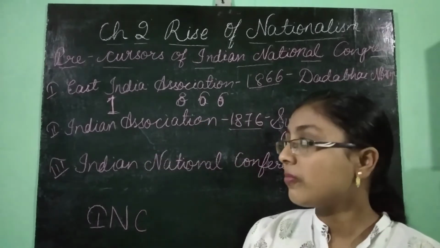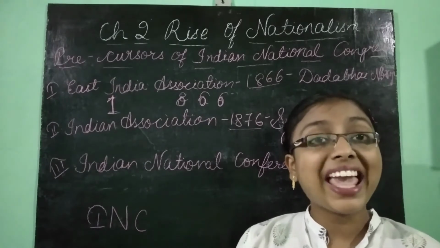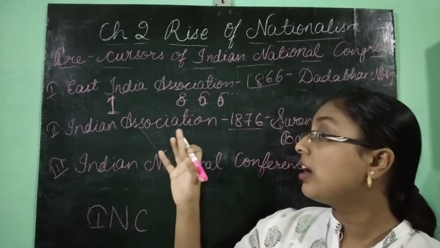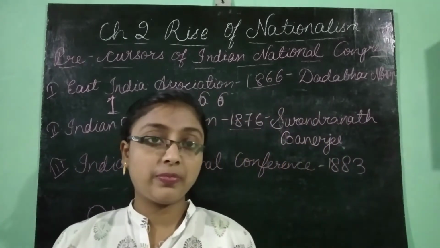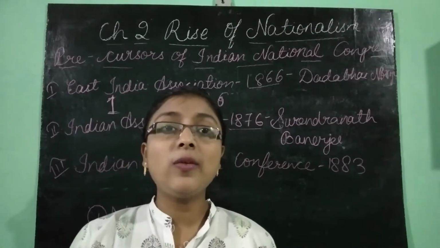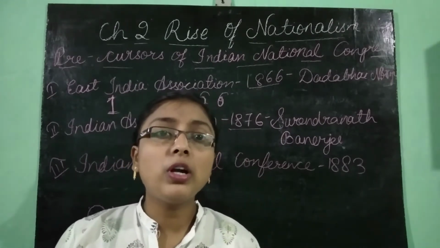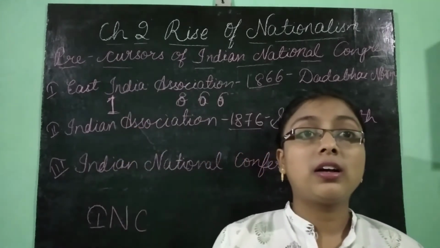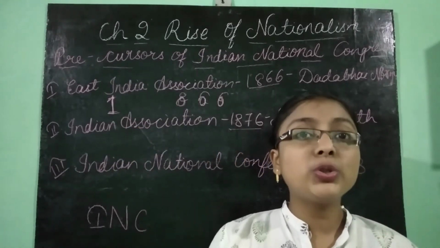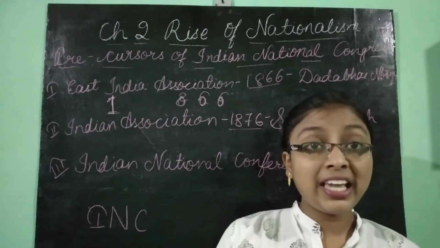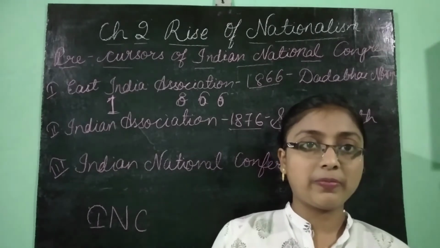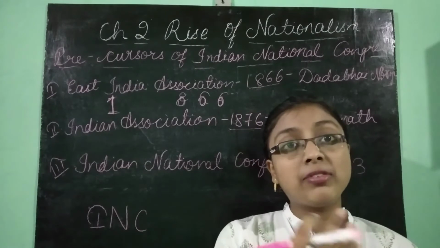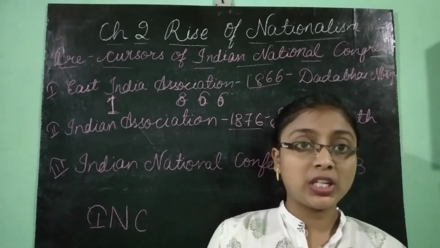Okay. Now, what were the main aims of the Indian Association? First one was that they wanted to form a strong body of public opinion. It means that they wanted people to come together and give their political opinion so that they can present them before the British government.